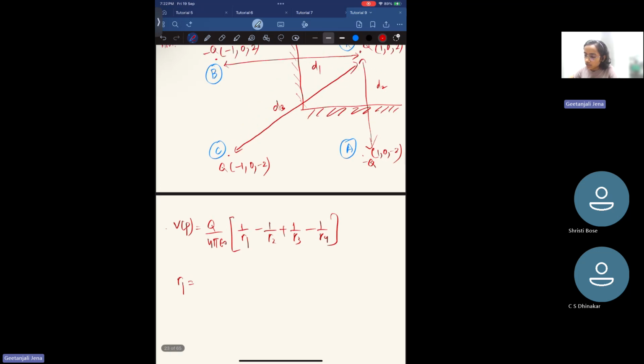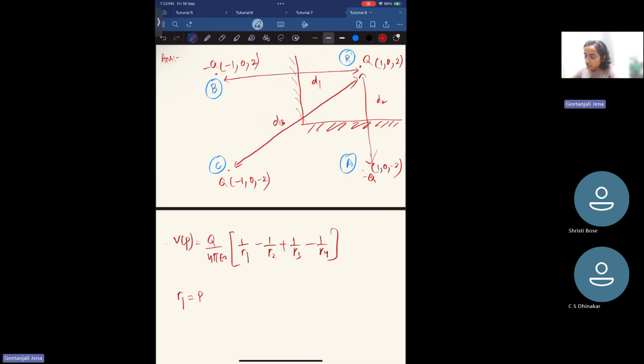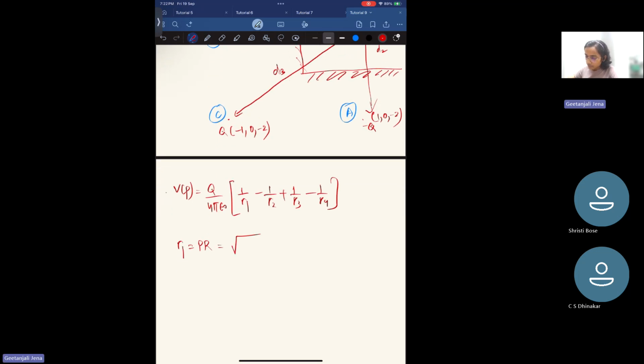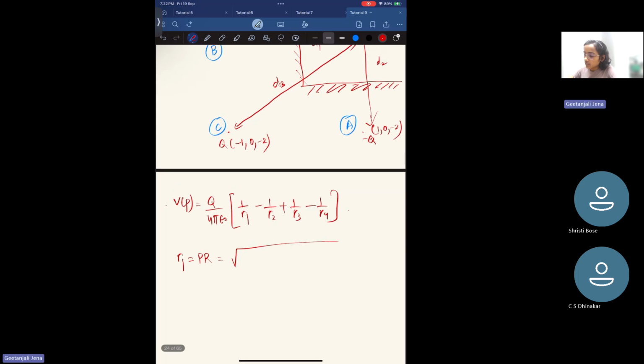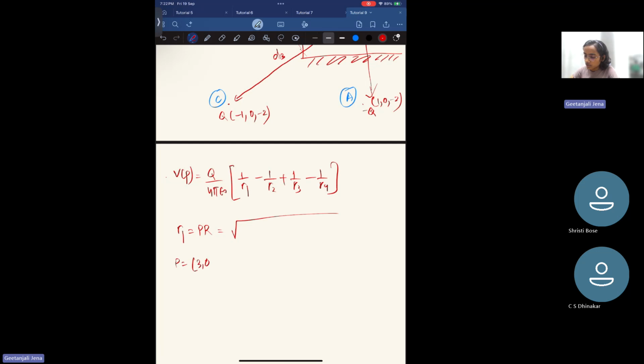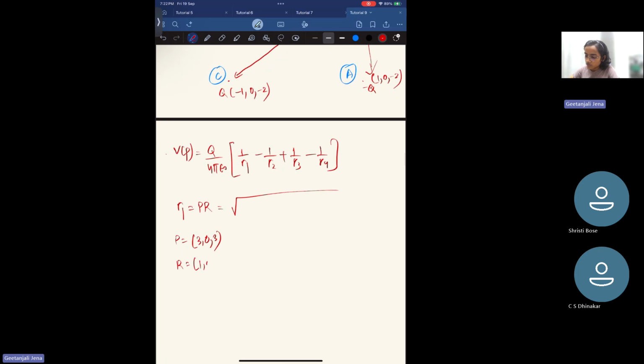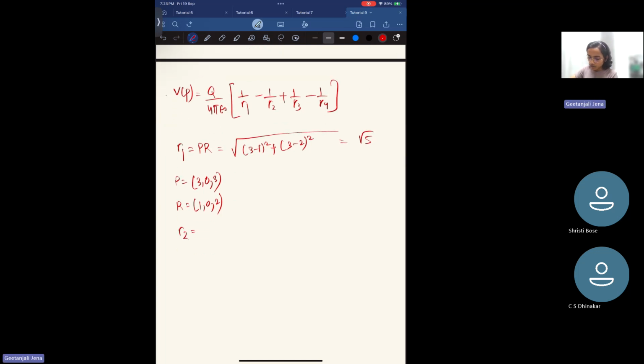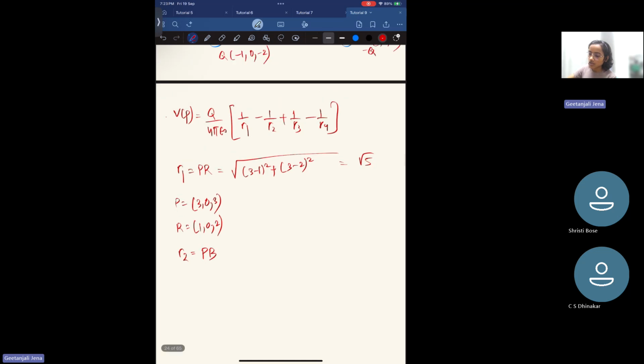R1 is nothing but the distance between P and R. P is (3, 0, 3), and R we know is (1, 0, 2). That means PR would be root of (3 minus 1) square plus (3 minus 2) square, which is root 5. R2 is PB.